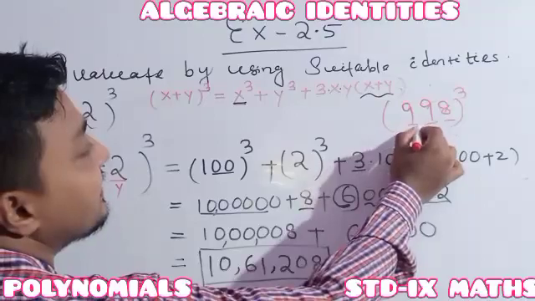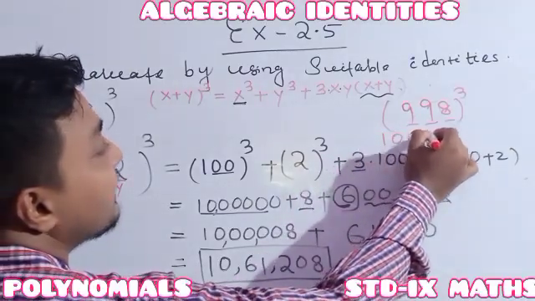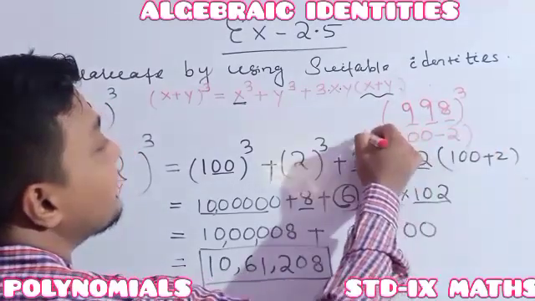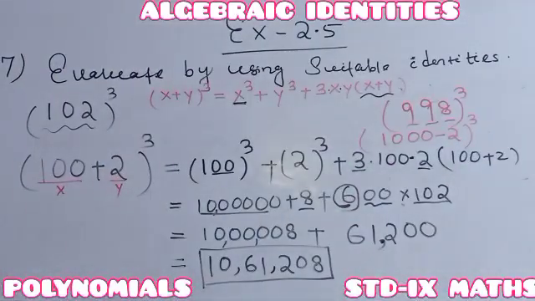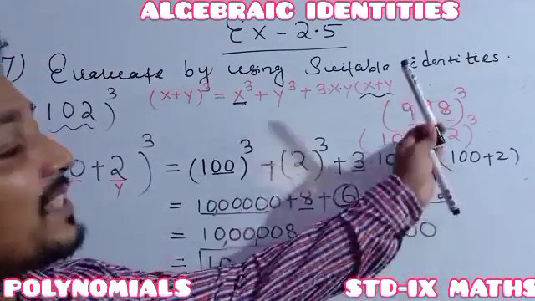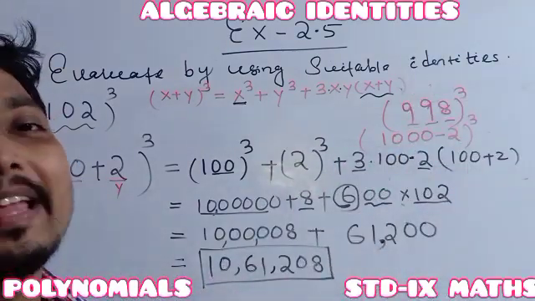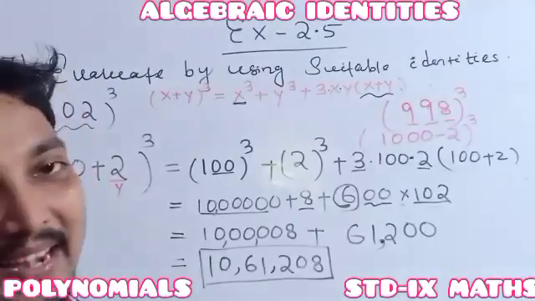Its nearest 100 is 1000. So 1000 minus 2, its cube. So the expansion form of (x minus y) cube is there, and its expansion also is to be followed in the same way. Understood perfectly? Okay. So this one I am leaving.